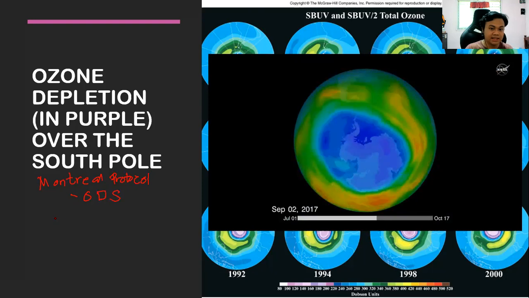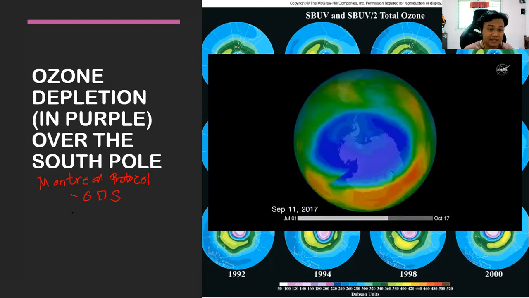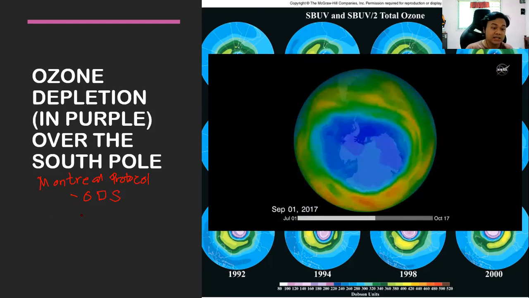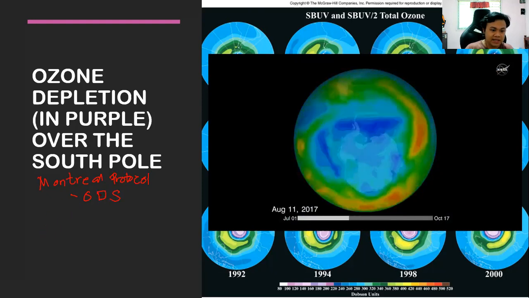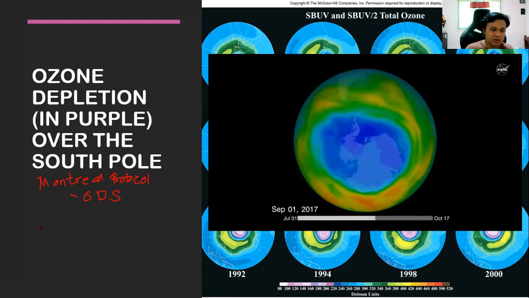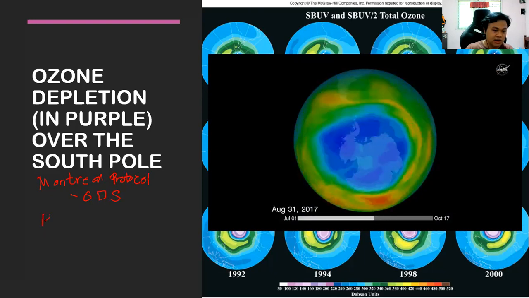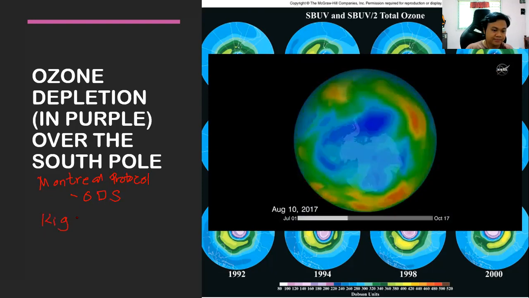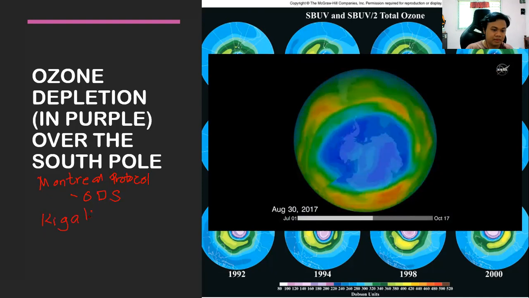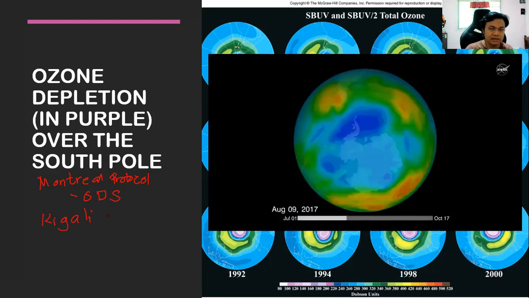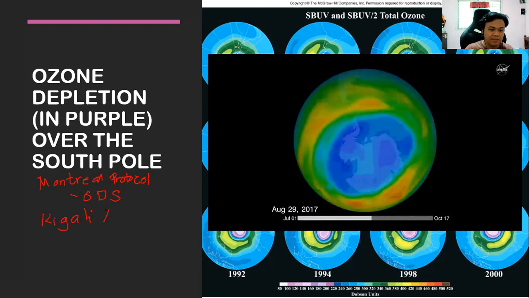Ozone depleting substances. So it banned these CFCs that we discussed earlier. Actually, it was also amended to the Kigali Amendment, just recently in 2016, I think. Kigali Amendment.